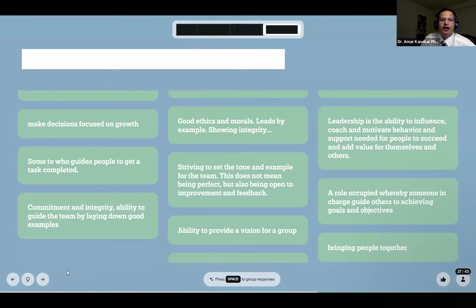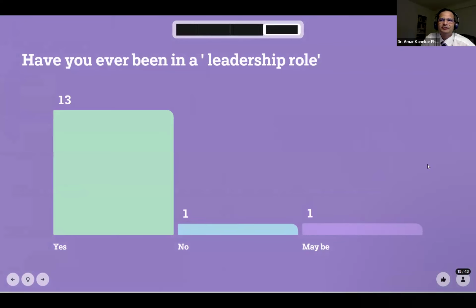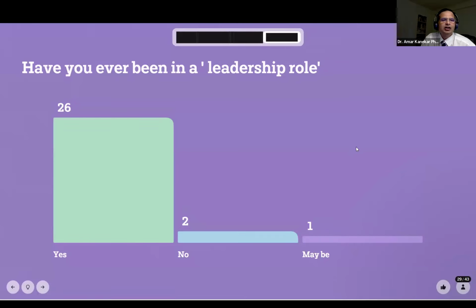I'll move ahead with the final question. Have you ever been in a leadership role? It looks like the majority of them have been in a leadership role.